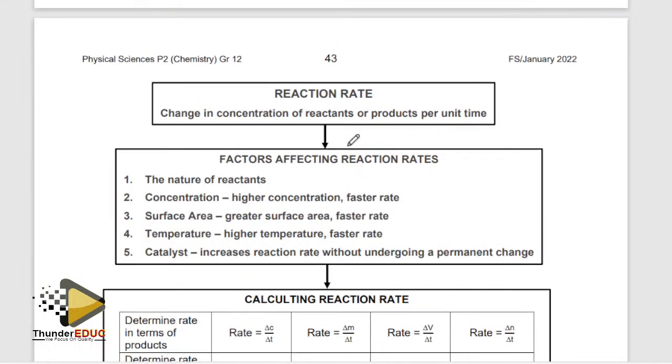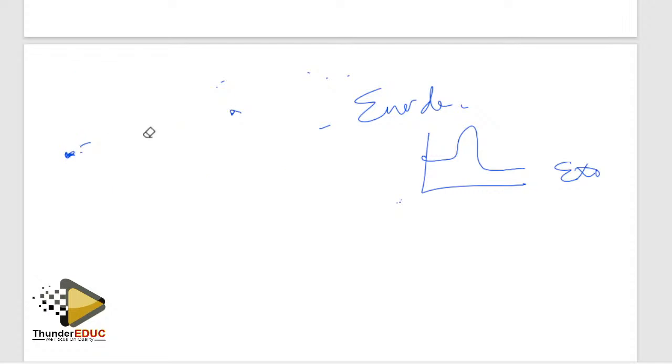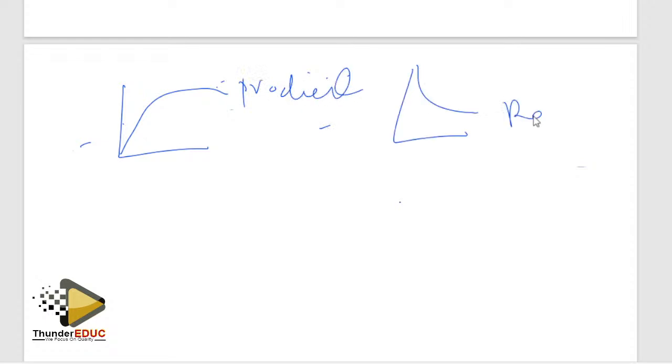When you go to rates of reaction, okay, this is what I want. Guys, you need to know that when something is like that, it is a product. And when something is like this, it is a reactant.